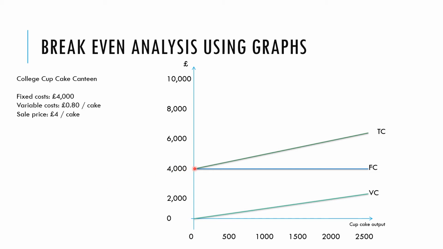If no cupcakes are produced, it's just the fixed costs plus 0 variable costs, 4,000. If 1,000 cupcakes are produced, it is 4,000 fixed costs plus 800 variable costs, so £4,800 in total, and so on and so on. So this total cost line represents how the cost to the business would increase as and when we would make more and more cupcakes throughout this time period.